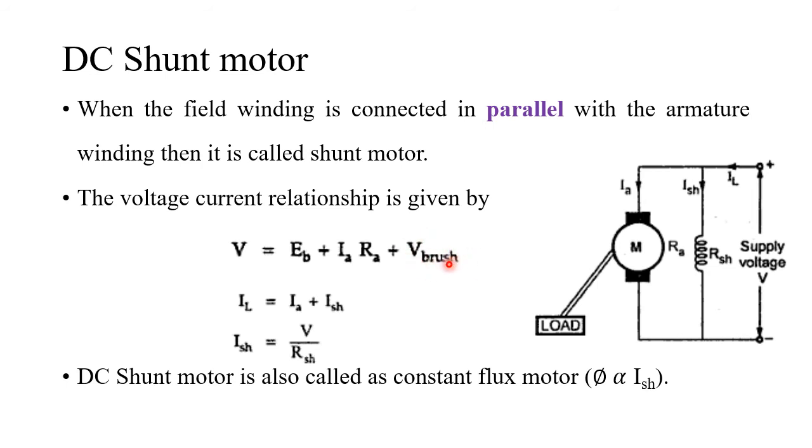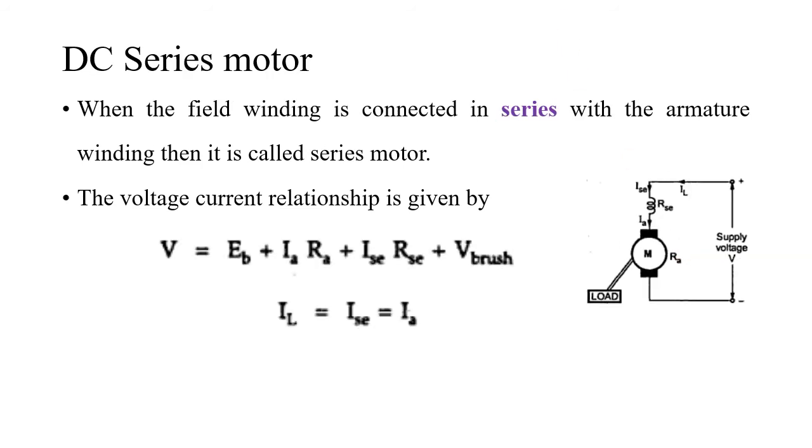This will be negligible. This is the voltage equation of the DC shunt motor, and it is called a constant flux motor, as the flux is directly proportional to the shunt current. It is not going to change, therefore it is called a constant flux motor.